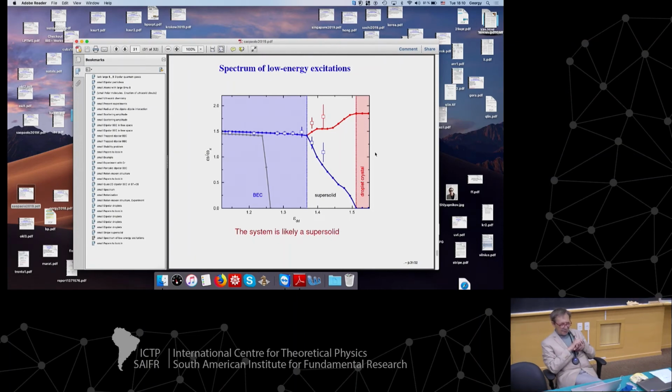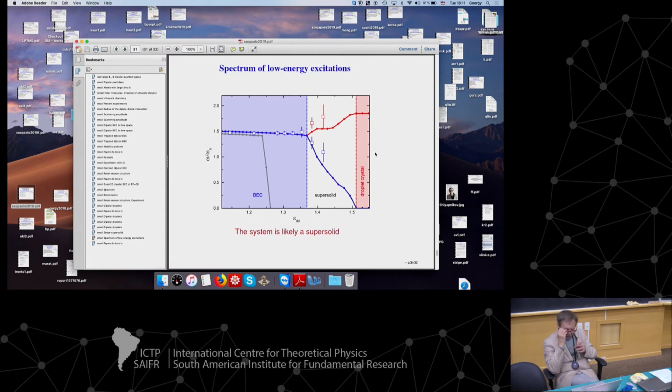And the answer to this question exists. If the transition occurs when the roton minimum just touches 0, then this is a second order transition. If it occurs when the roton minimum is still above 0, then it's a first order transition, energy crossing. People did not yet properly do this for this particular system theoretically, but experimentally, it is seen that the transition occurs when the roton minimum is at least very close to 0.